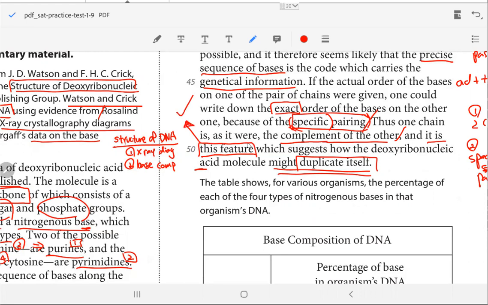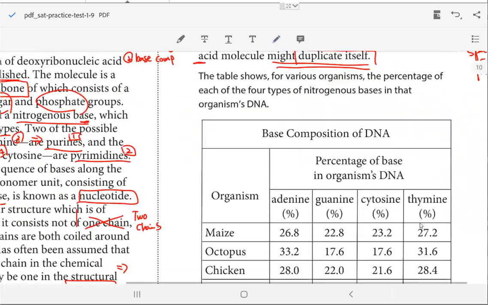It is this feature which suggests how DNA might duplicate itself. 그죠? 그러니까 exact order로 specific pairing이 돼서 complement of each other가 됐기 때문에 이 특징이 DNA를 duplicate 하게 해준다. 그 내용이네요. 그죠?